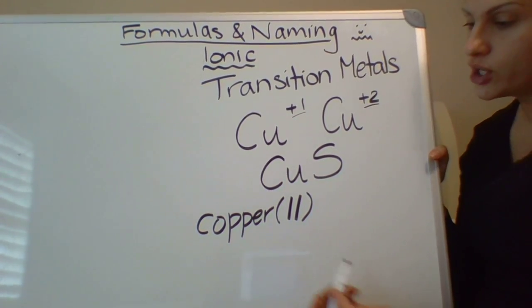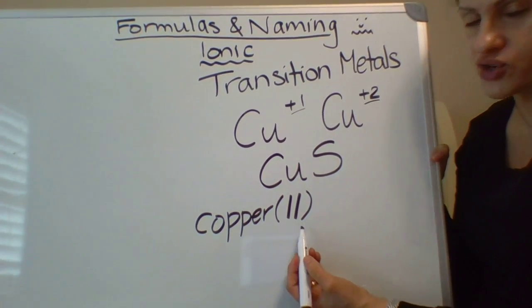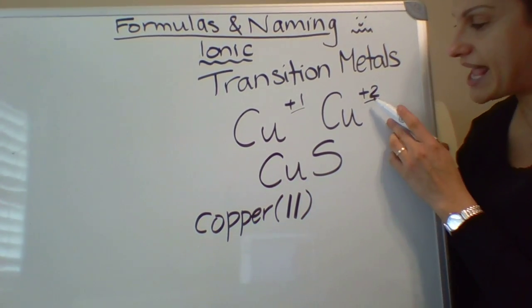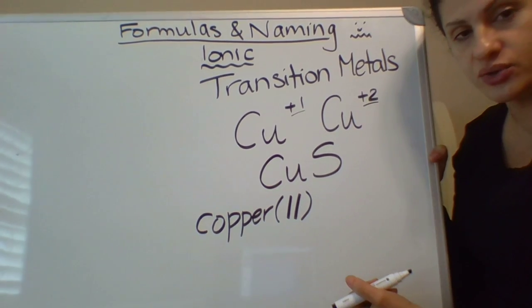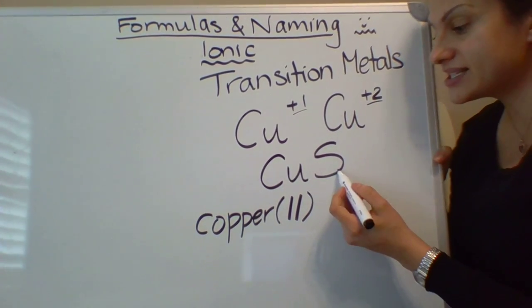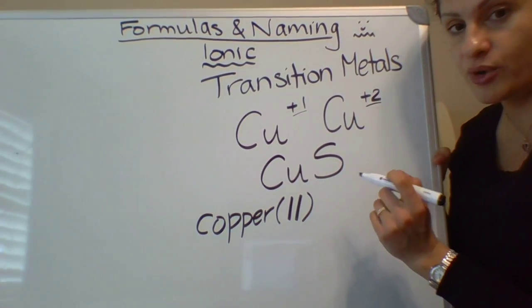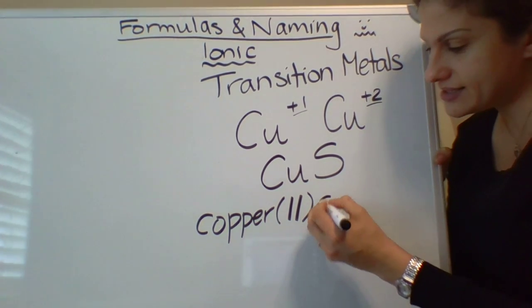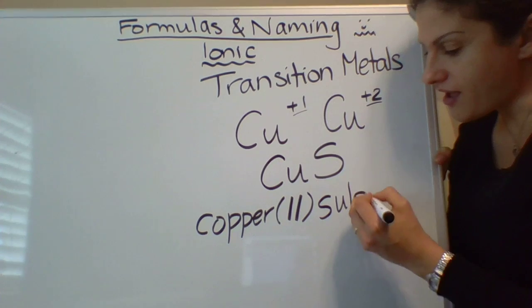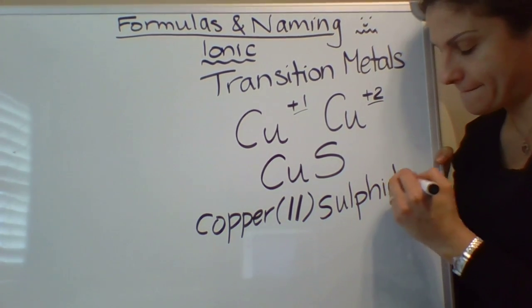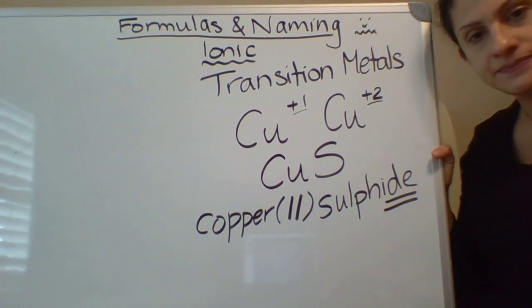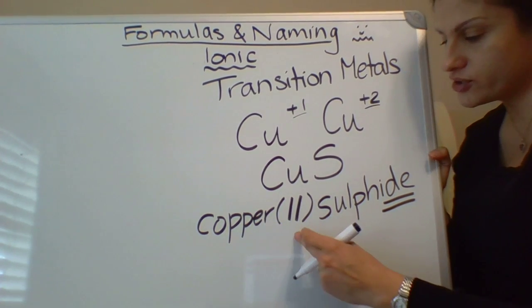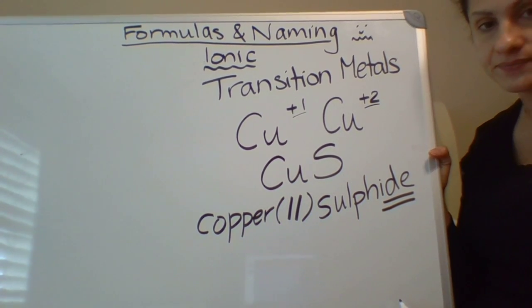That tells you you are dealing with the copper transition metal whose cation has the +2 charge. And this is sulfur. Remember, when you use the name, it's not sulfur, it is sulfide. Remember the ide? So this is copper(II) sulfide.